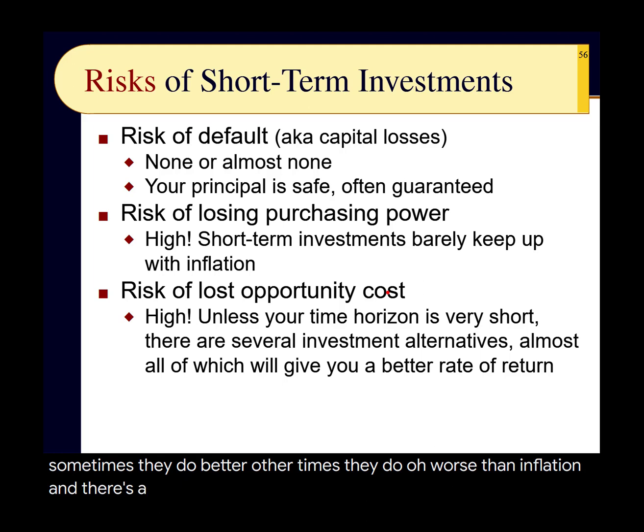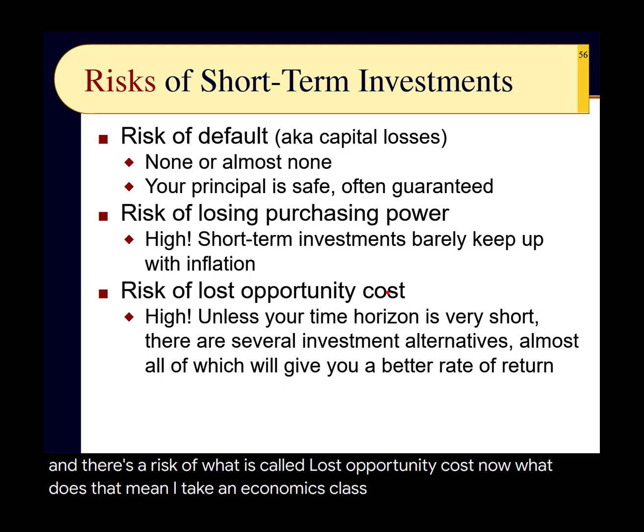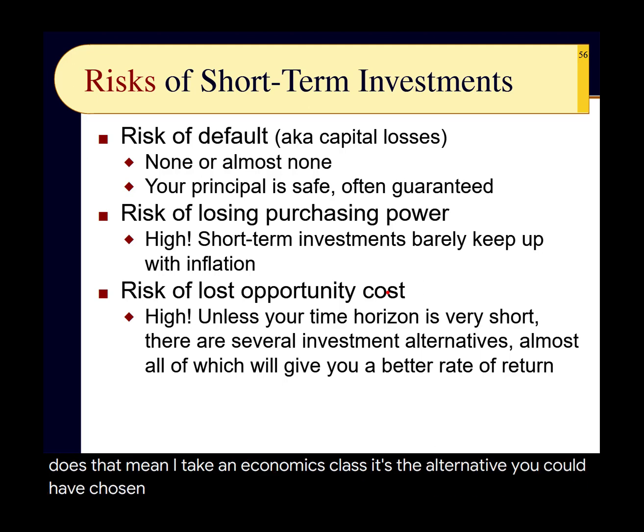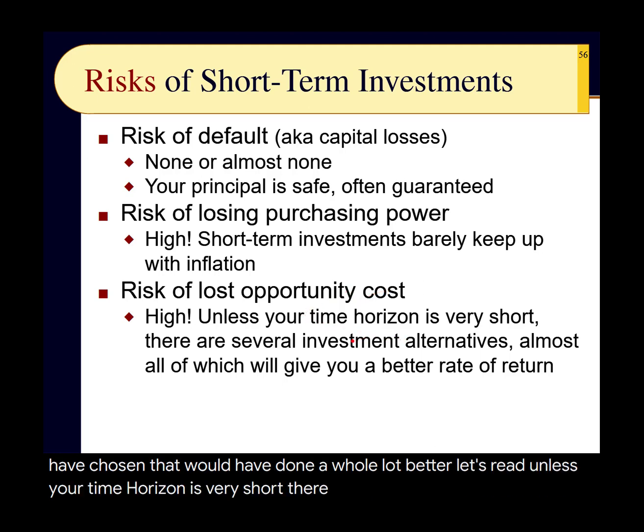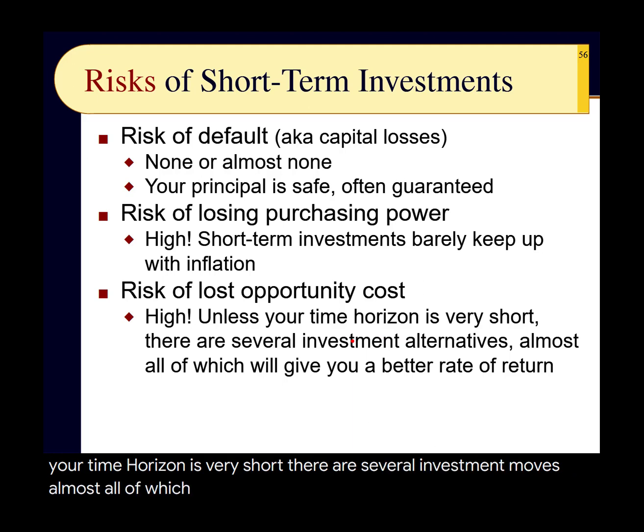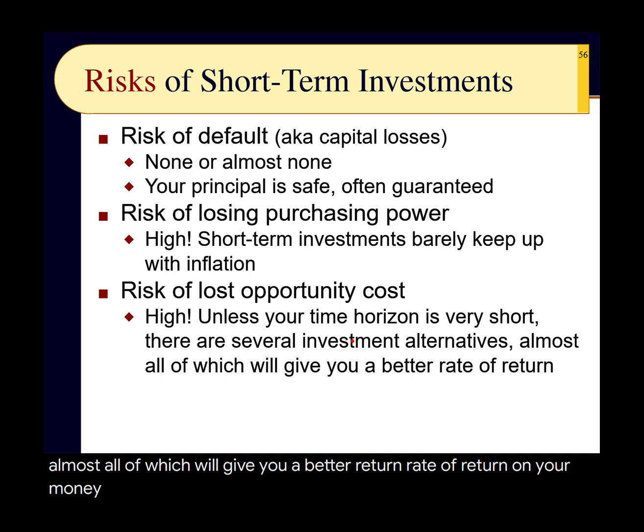And there's a risk of what is called lost opportunity cost. Now, what does that mean? When I take an economics class, it's the alternative you could have chosen that would have done a whole lot better. Let's read. Unless your time horizon is very short, there are several investment alternatives, almost all of which will give you a better rate of return on your money over the long term, right?